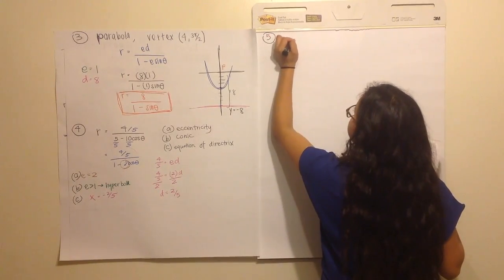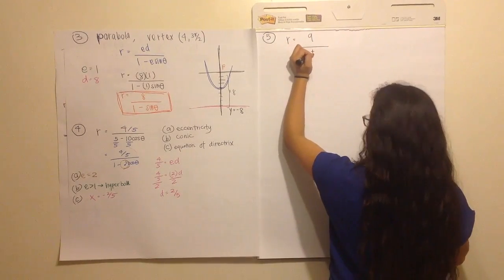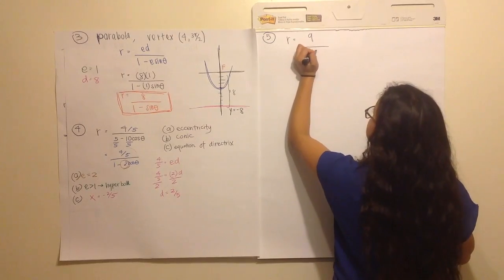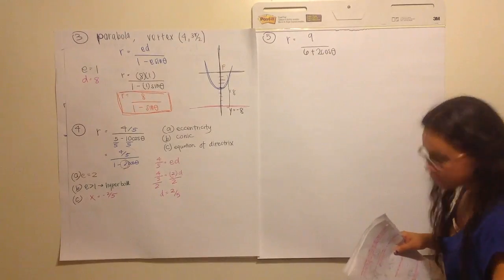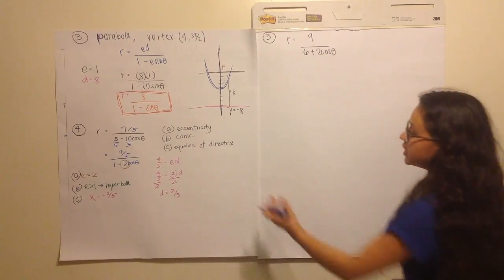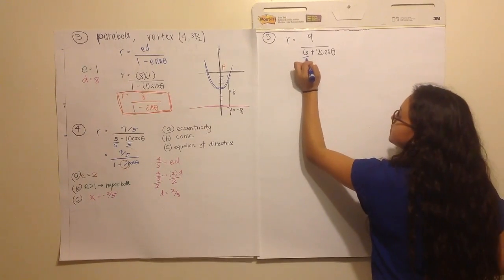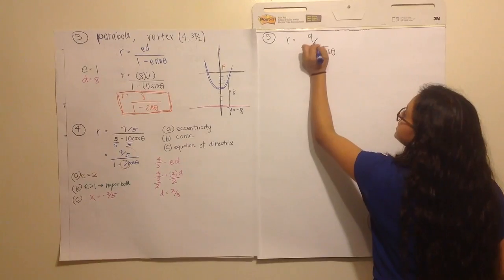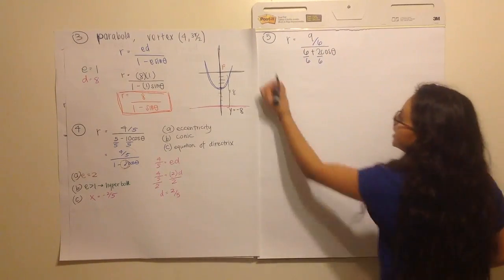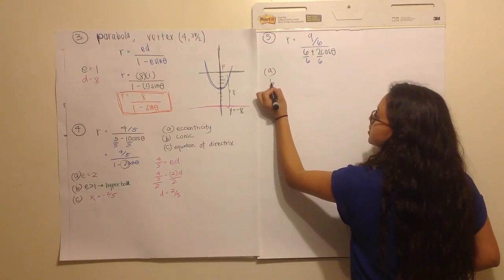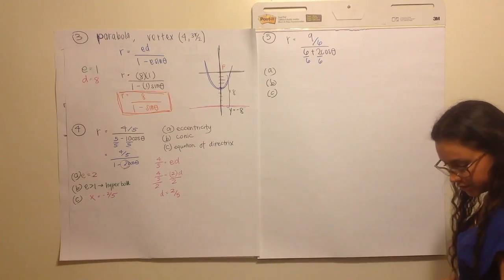So we get r equals 9 over 6 plus 2 cosine theta. Okay? So, like I mentioned on this one, we need to have this be 1. So then we divide by 6, we divide by 6, we divide by 6. Okay? So we need to find our eccentricity, what kind of conic it is, and our equation of directrix.